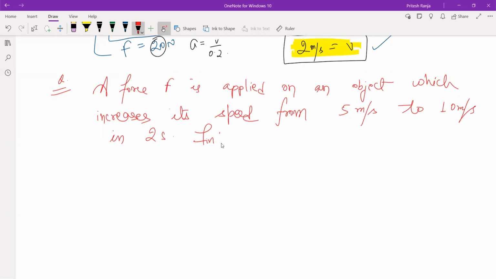You have to find out the force F applied if the mass is 2 kg.